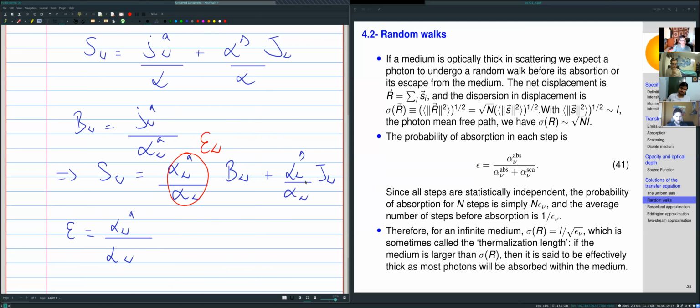And this one here, alpha nu scattering divided by alpha nu total, is 1 minus epsilon.